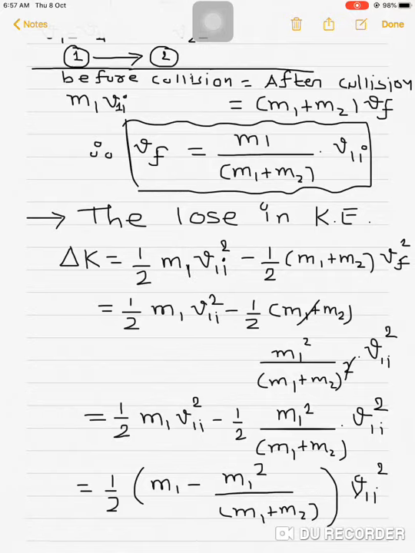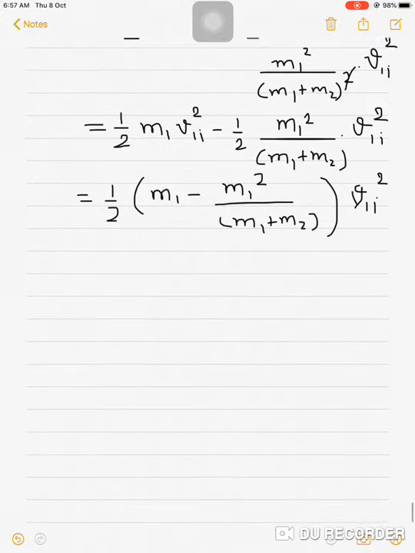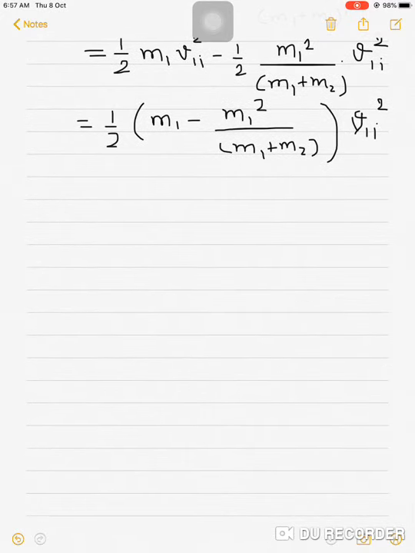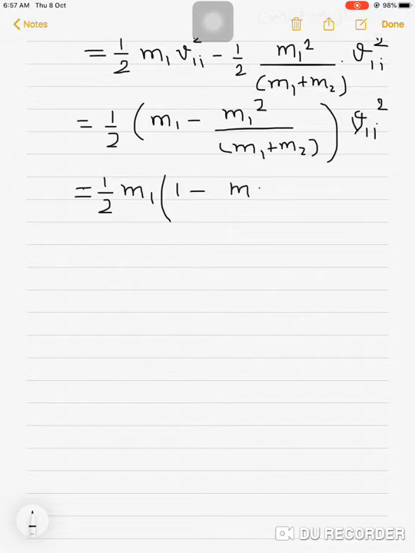When we simplify this, m1 is also common in both, so I can take it as common. So I can put 1 by 2 m1 times (1 minus m1 over m1 plus m2).